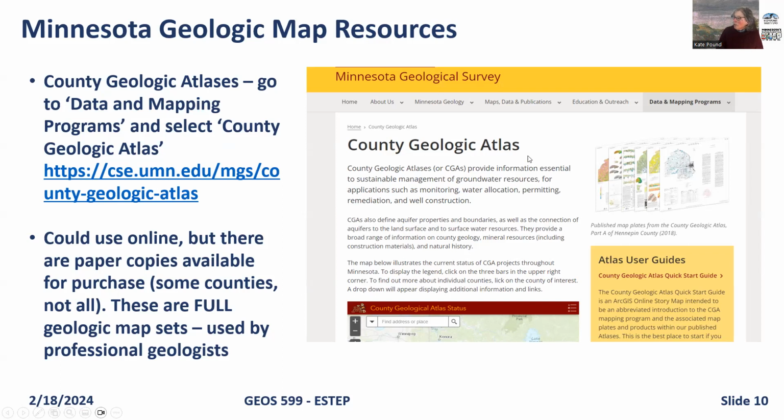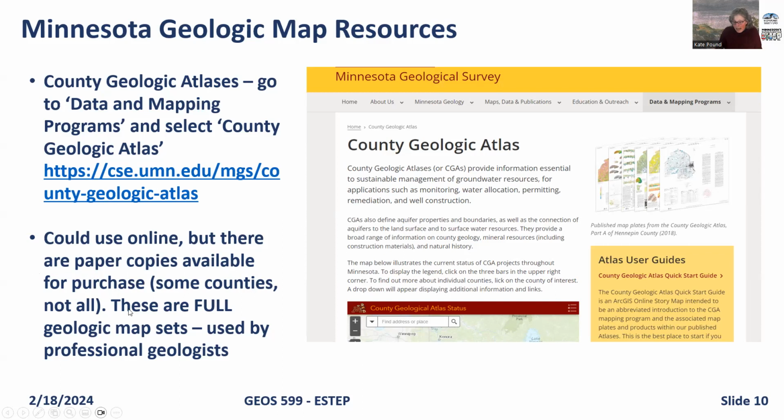So how about using these county geologic atlases? Well, they are available online, and I have no idea what your situations are with online access in schools. There are paper copies available for some of the county geologic atlases. This is something where you would need to ask the Minnesota Geological Survey if they have any.